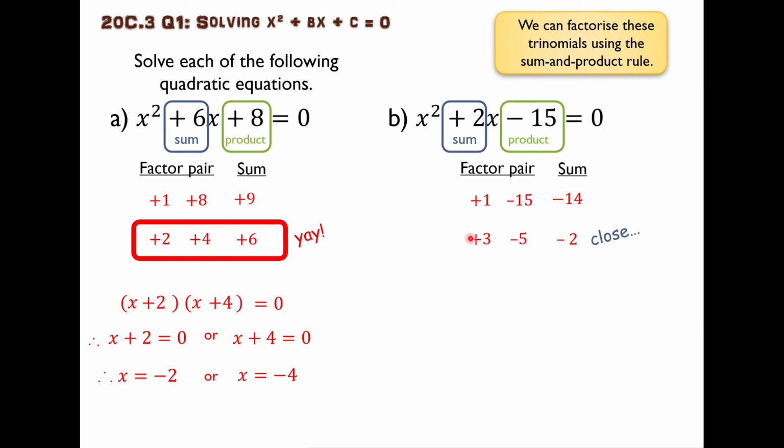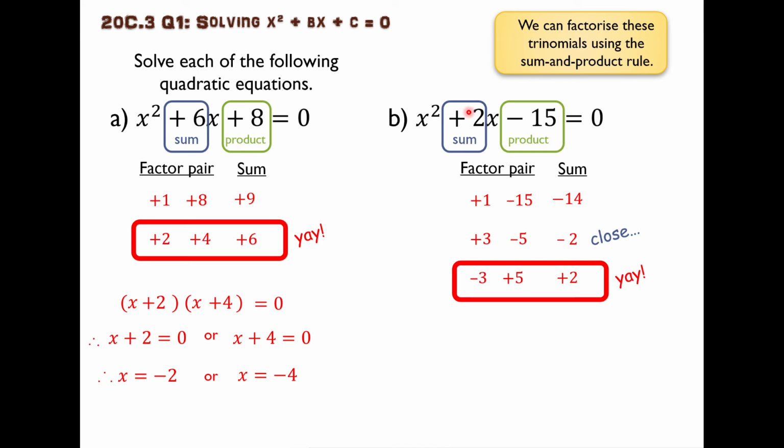What if we try flipping it around? So instead of positive 3 and negative 5, let's try negative 3 and positive 5. We'll check that the product still works. 3 times 5 is 15. Negative times positive is negative. The product still works. Okay, promising. Let's try the sum. Negative 3 plus 5 is positive 2. Yay, that works.